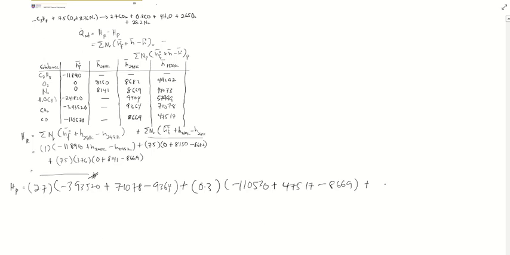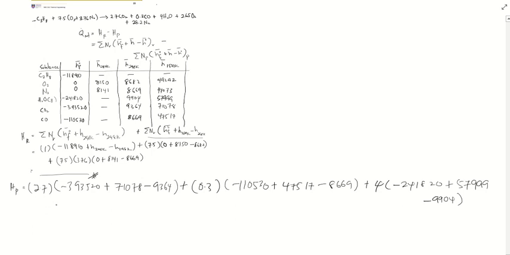For H2O, the number of moles is 4. H2O enthalpy of formation is negative 241,820, and then plus 57,999 minus 9904. So that's for H2O.